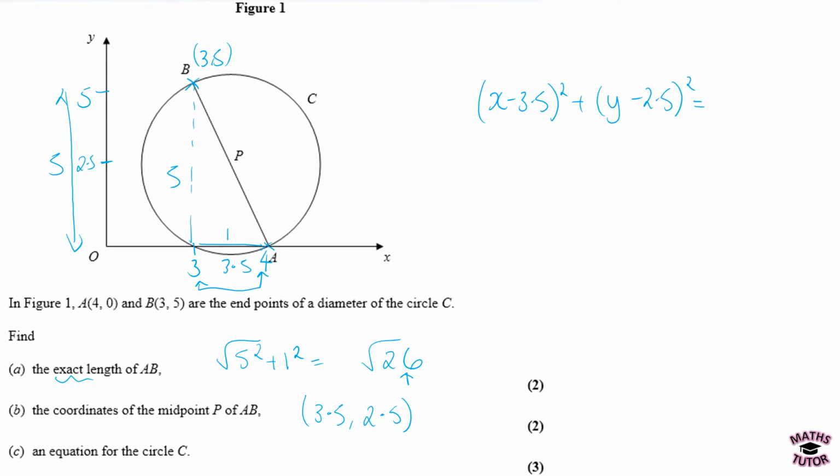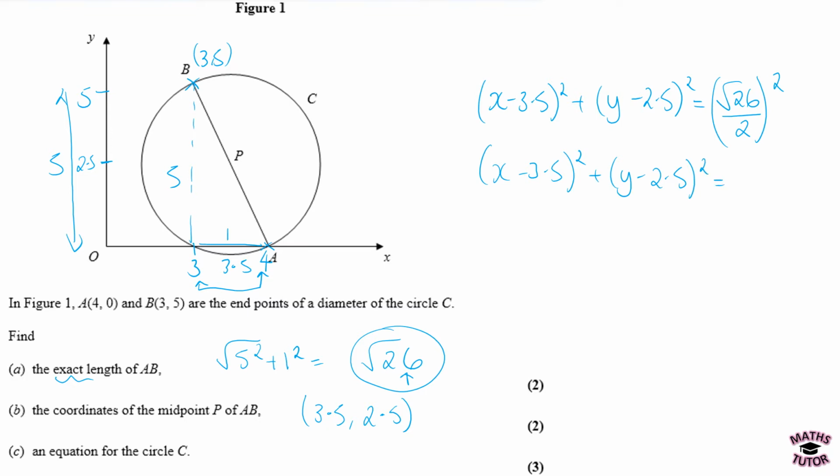Now AB, this length here, root 26, is the diameter, so the radius squared is going to be (root 26 divided by 2) all squared. So that is going to be (x minus 3.5) all squared plus (y minus 2.5) all squared is equal to 26 over 4.